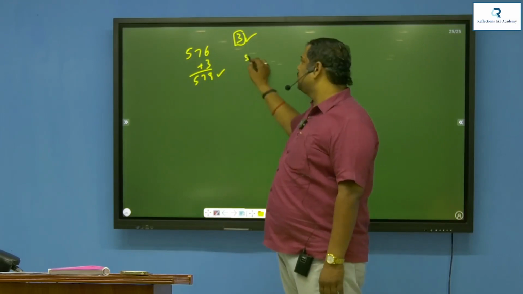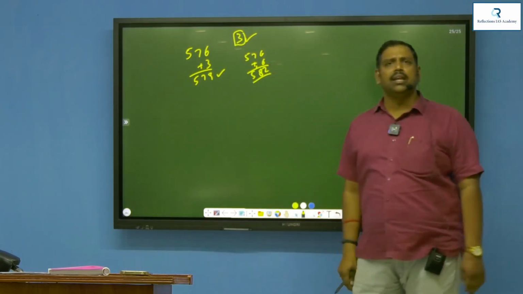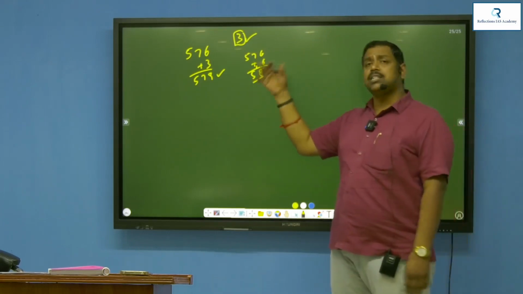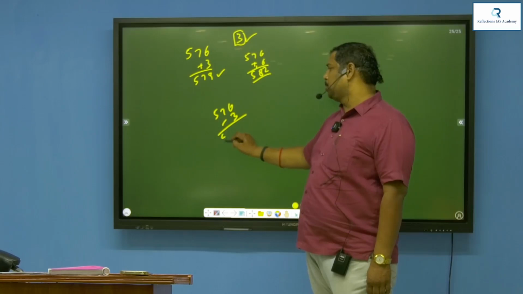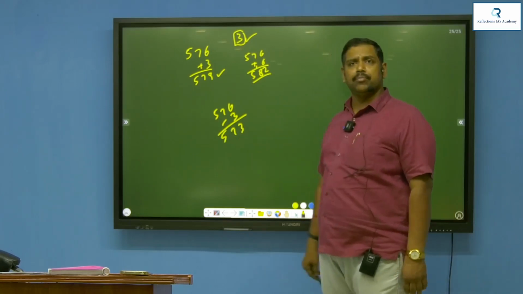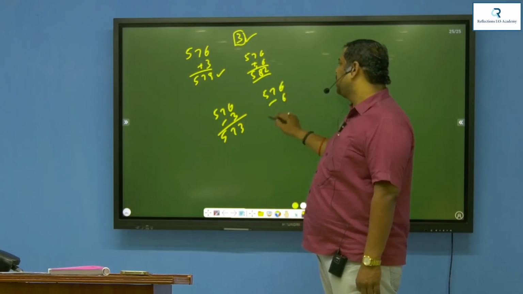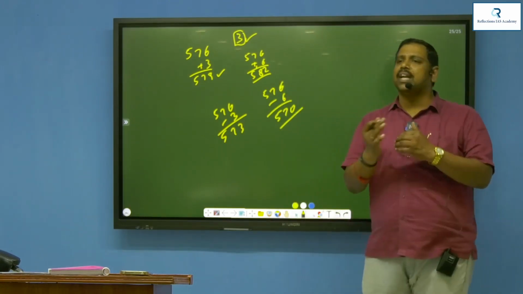If I add 6, I get 582; verify, it is divisible by 3. 576 minus 3 is 573, also divisible by 3. 576 minus 6 is 570, also divisible by 3. Like that we can find it.